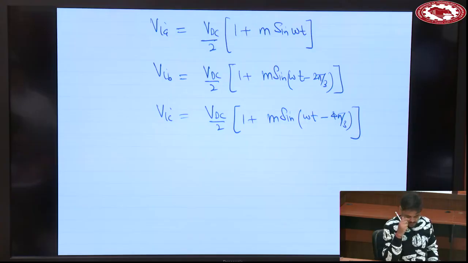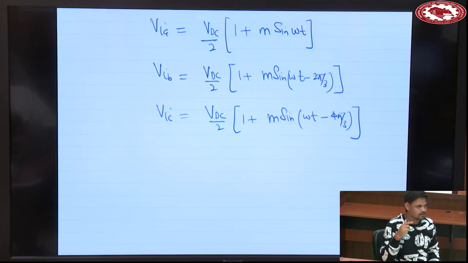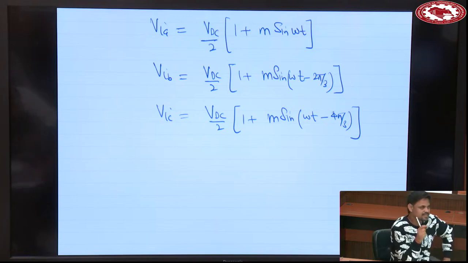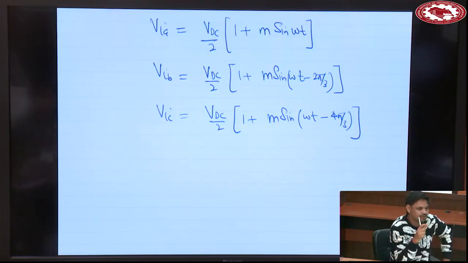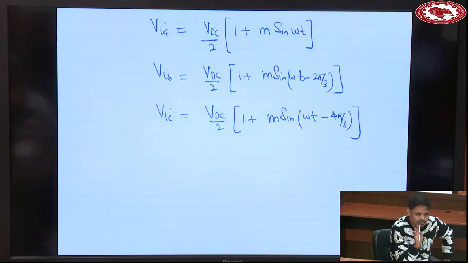Can you find the space vector of this voltage? This voltage is 2 by 3 times Via. The first term is Vdc by 2, then Vdc by 2 e to the j0, plus from the second term Vdc by 2 e to the j 2 pi by 3, plus from the third term Vdc by 2 e to the j 4 pi by 3, and this is going to be 0.